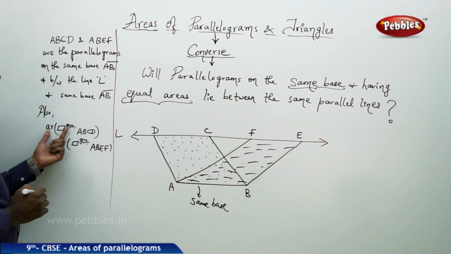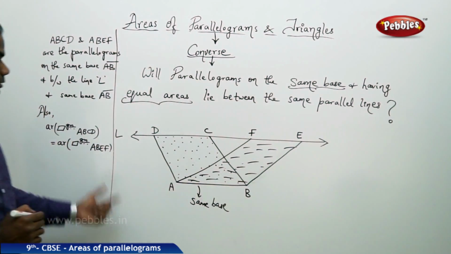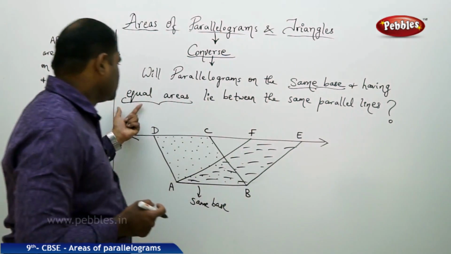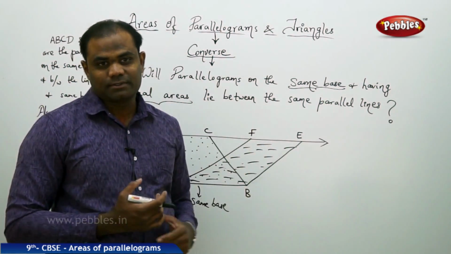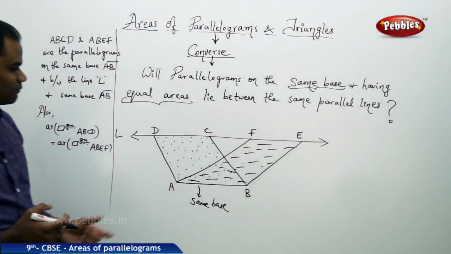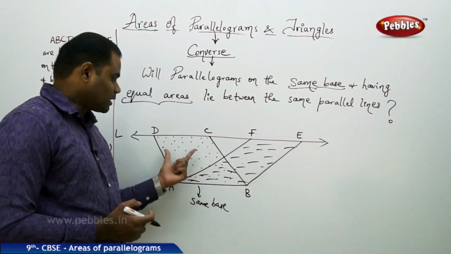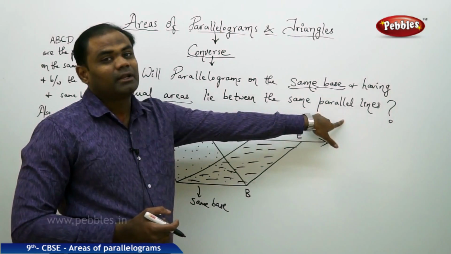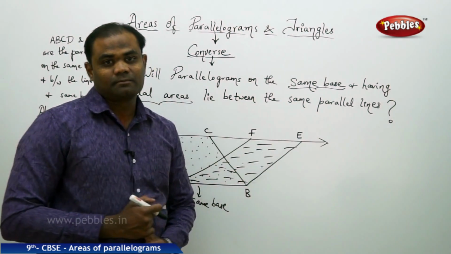So area of parallelogram ABCD is equal to area of parallelogram ABEF. So you have taken parallelograms having equal areas as per the converse of the statement. Now, in such a case of two parallelograms lying on the same base and with equal areas, will the lines be parallel? That is the question out here.